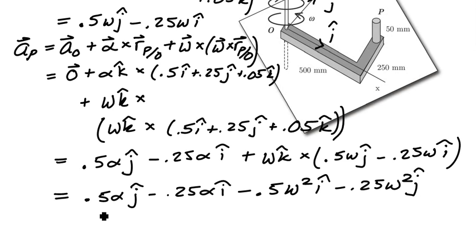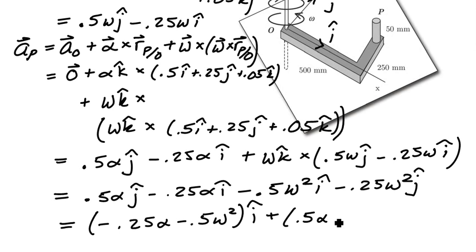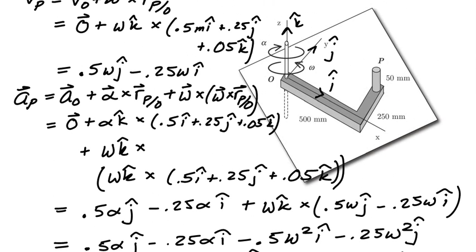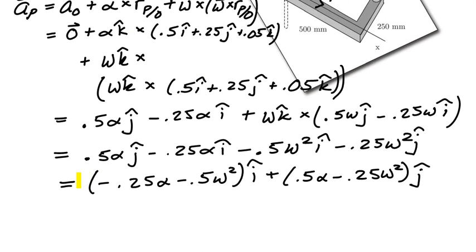Grouping like terms, I have the quantity minus 0.25 alpha minus 0.5 omega squared in the i, plus 0.5 alpha minus 0.25 omega squared in the j. That gives me my final two answers: the velocity of point P, which I've highlighted here in yellow, and the acceleration of point P, also highlighted in yellow.